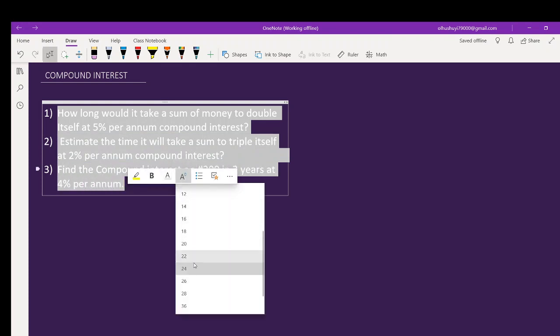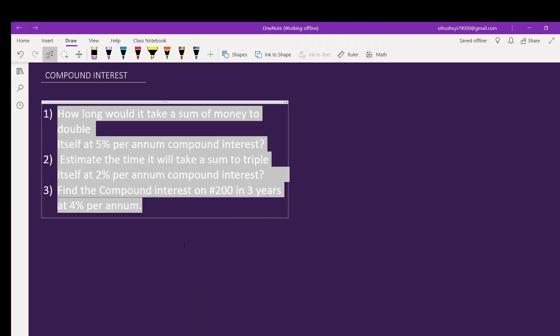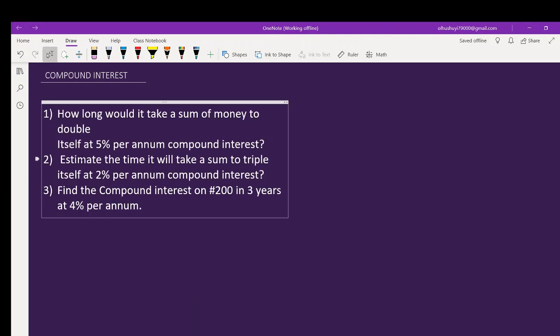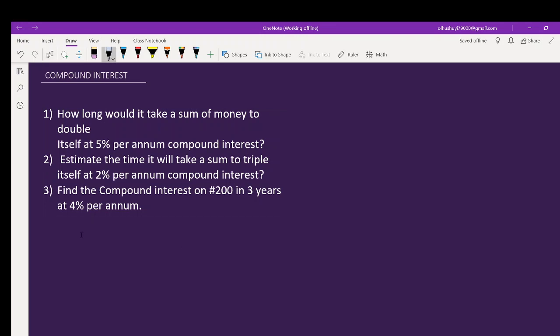Let's make this a bit bigger. Okay, estimate the time it will take a sum. Oh, I've swapped the questions. How long will it take a sum of money to double itself? That's question 2.